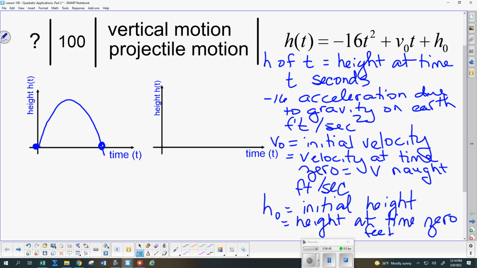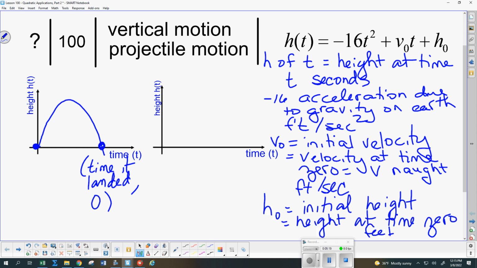This is the time that it landed back on the ground, because then the height is back to 0. So does that make sense to everybody, just as you look at that? If the horizontal is time and the vertical is height, that point is sometime, comma, 0. So that's the time when the height from the ground got back to 0. So the time when it landed back on the ground.